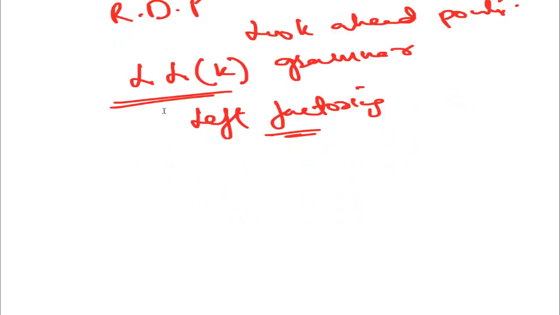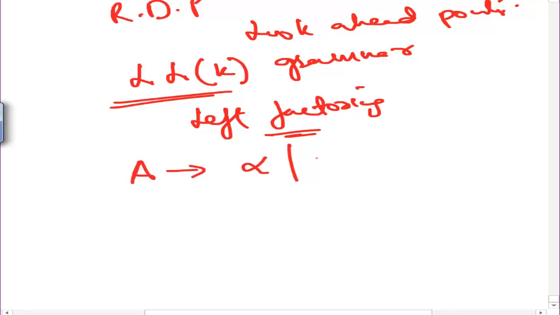So, for example, we have A goes to alpha or beta. Now the parser should be able to choose between alpha and beta. Here we clearly have two choices, and because we have the look ahead pointer which sees exactly what we need, we can decide whether to go to alpha or to beta.